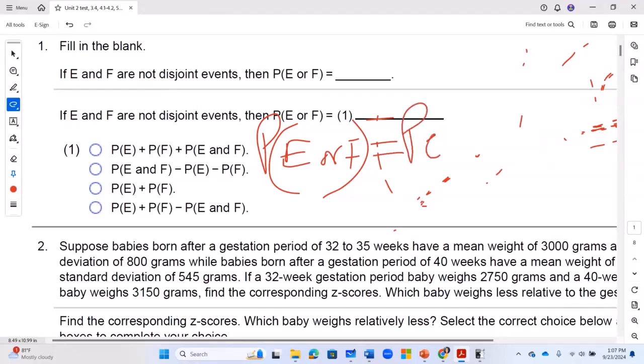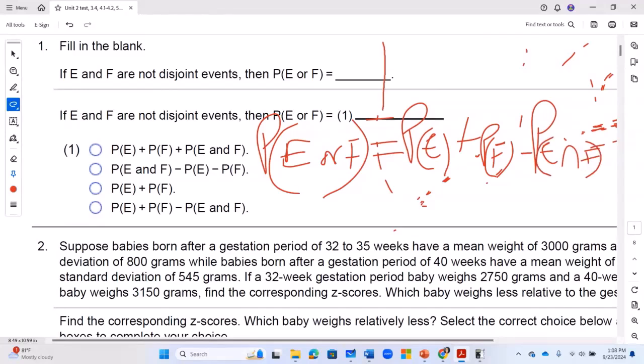So that is the probability of E plus the probability of F minus the probability of E intersection F, that intersection.